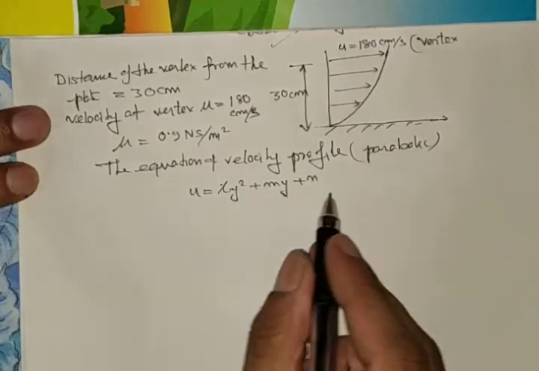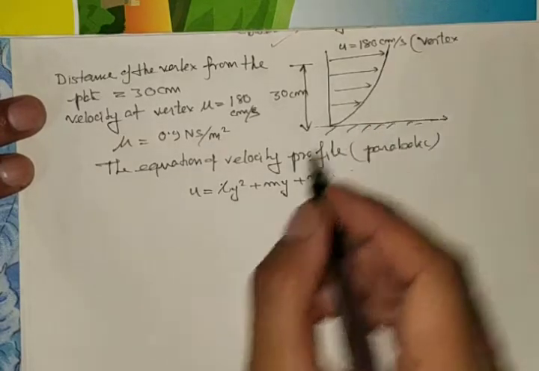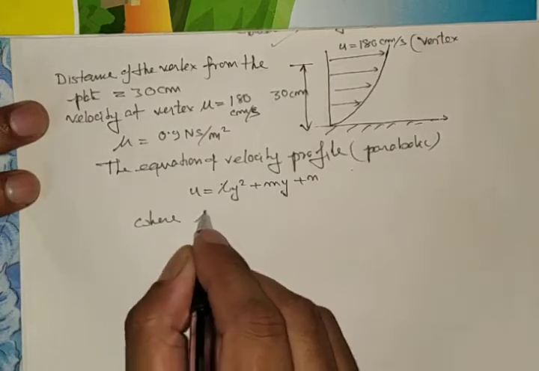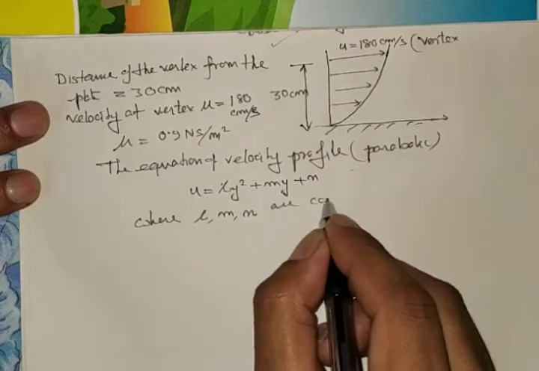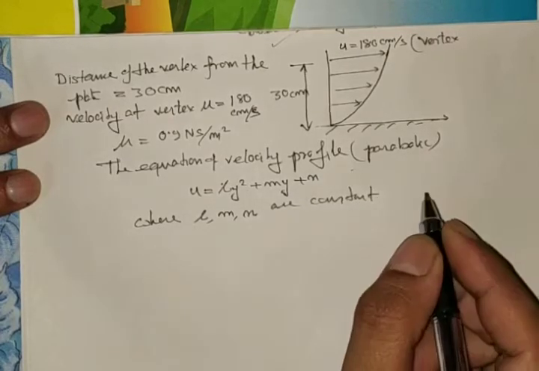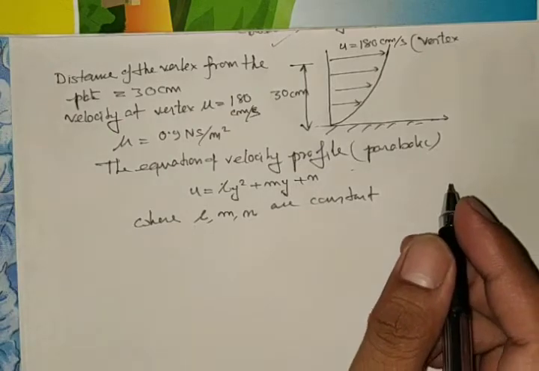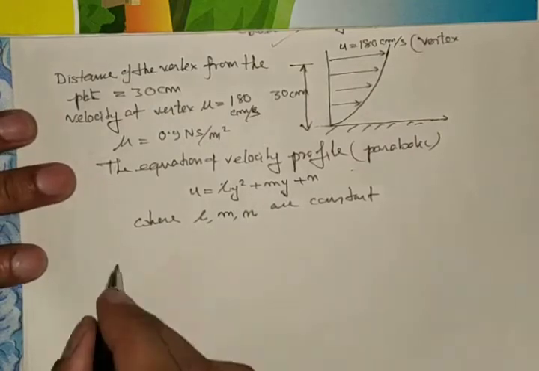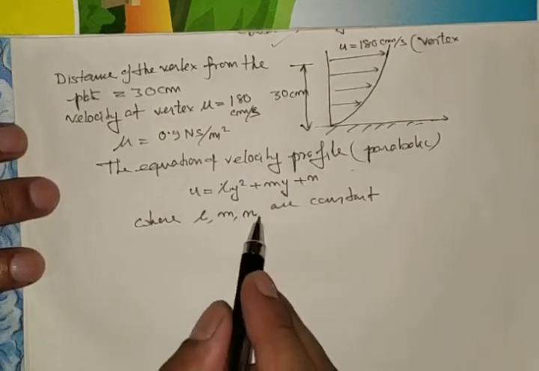So this equation represents a parabolic curve, where L, m, n are constants. So let's find out the value of L and m.